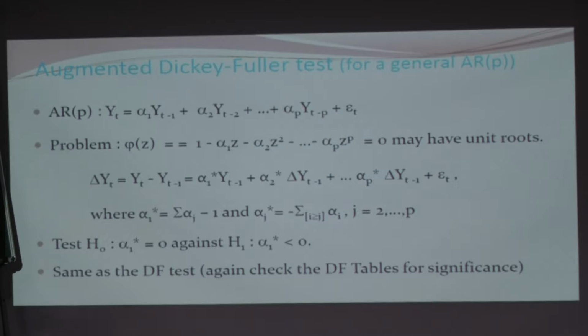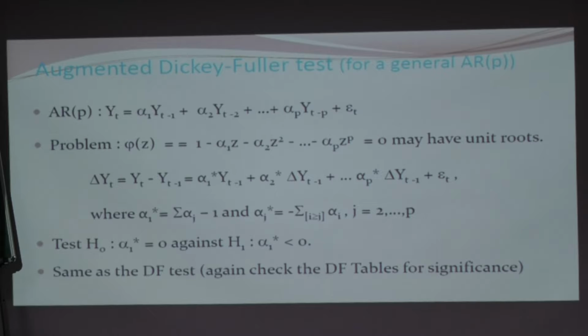This is a formal test that most of the softwares have inbuilt, but if you ask for a separate ADF test, they will give you the ADF test and tell you how many unit roots you have in the model. And if you have 5 unit roots, you have to difference 5 times to get rid of the unit roots and then bring the process down to a stationary process before you can fit the ARMA model to it. Okay, have you got this?